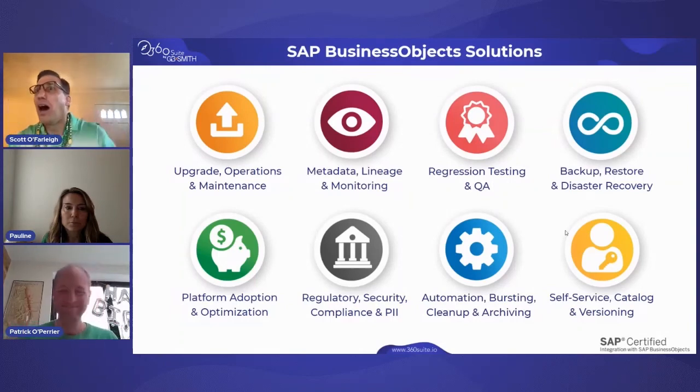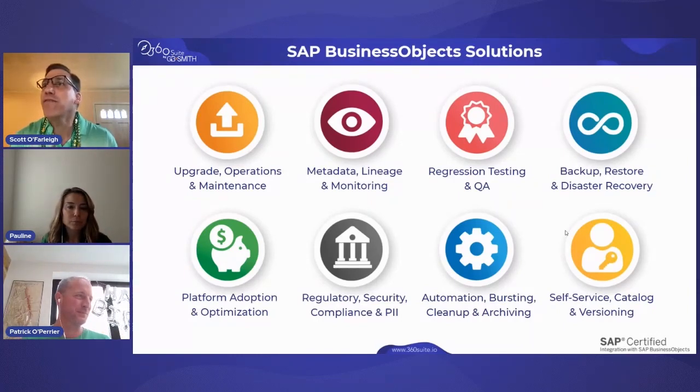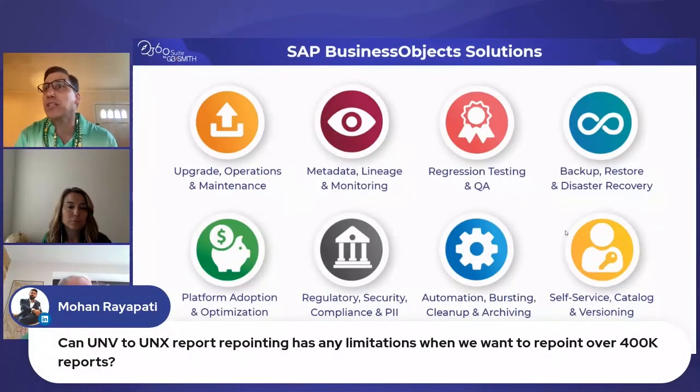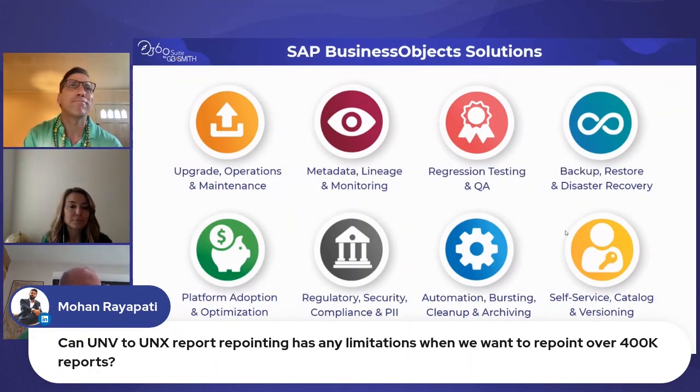Okay. So the first one I saw is from Mohan Rapati. Can UNV to UNX report repointing have any limitations when we want to repoint over 400,000 Webi reports? I don't know if there's a limit.